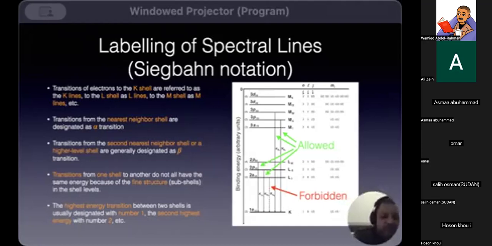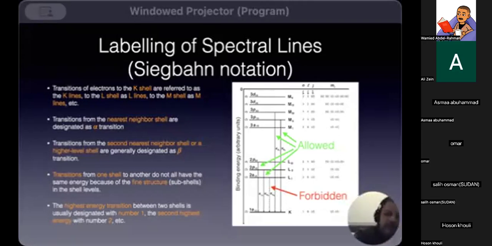Transitions from the second nearest neighbor shell or even higher shells are generally designated as beta. So for these two lines, the notation is K beta. Beta means they're not from the nearest shell, but from shells above it. The nearest shell to the K vacancy is the L shell, so any transitions of electrons from the M or higher shells to the vacancy in the K shell are given K beta.